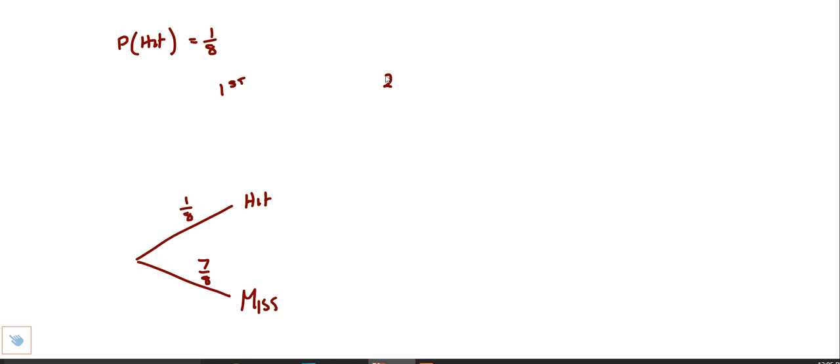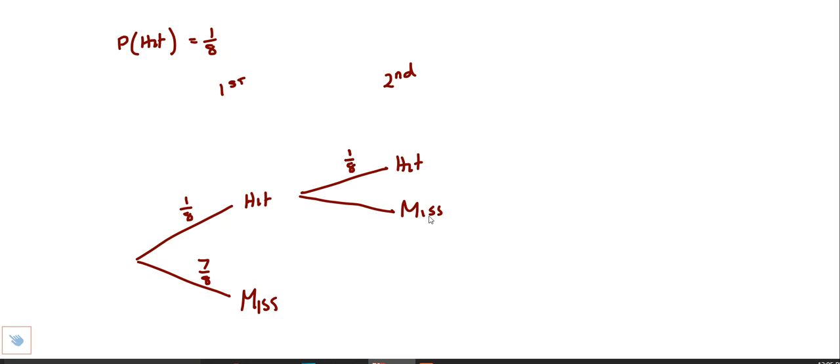His second arrow then: he could have hit the first one, but regardless of that, he could still hit or miss with the second one. What's the probability of him hitting the second throw?